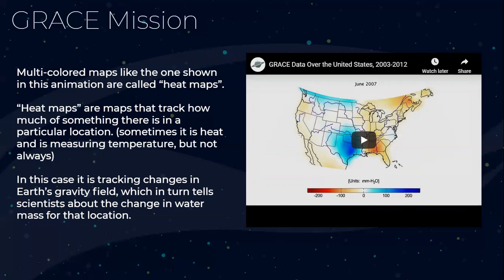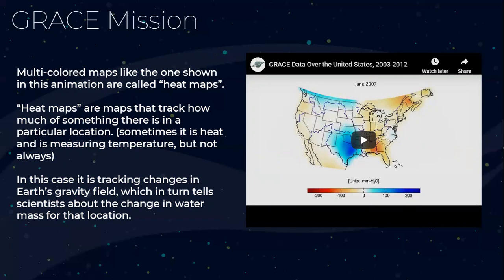In this case, it's tracking changes in Earth's gravity field, which in turn tells scientists about the change in water mass for that location. The reason is that if you think about the surface of the Earth, we've got rushing rivers, oceans, lakes, streams, and then at the surface where the soil is, we've got soil water, and groundwater deeper down in the soil.